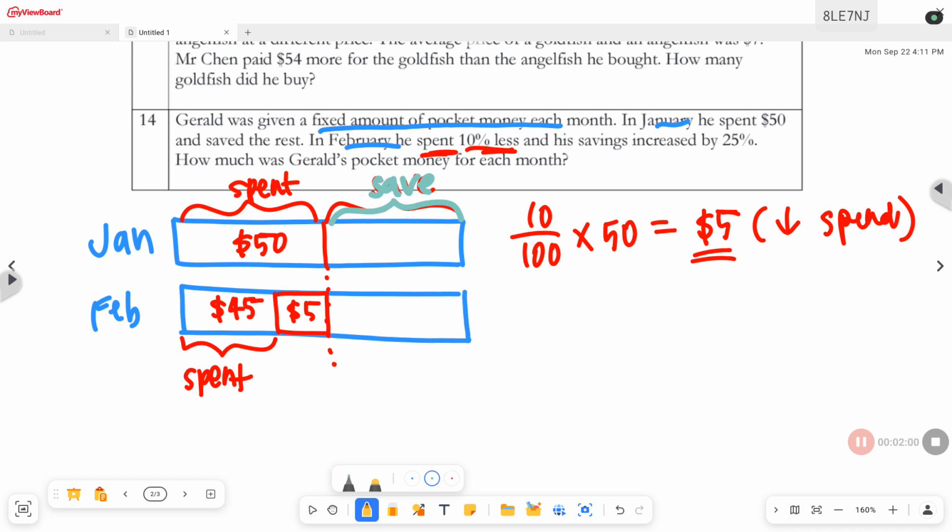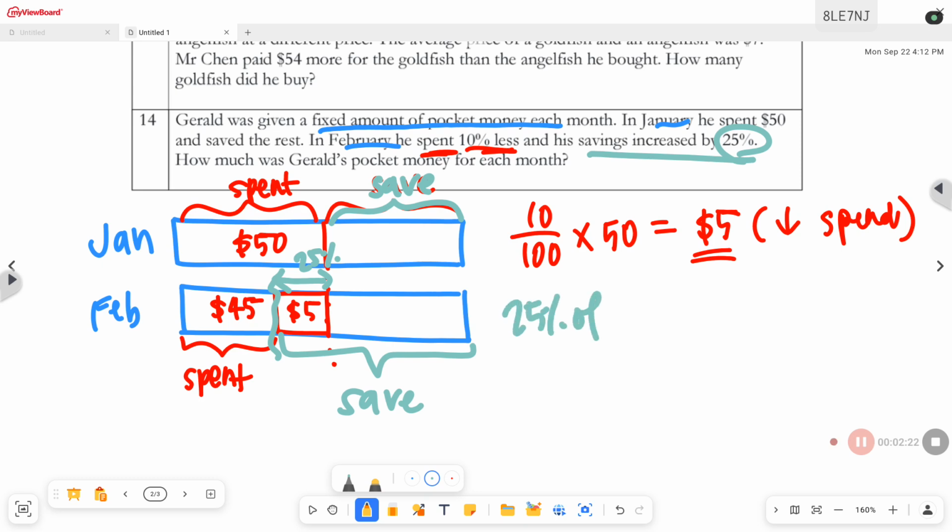So if my spent is only up to here, that means from here to here is my save. And I tell you that my saving increased by 25%. What does that mean? This 25% has nothing to do with your spending; it is a new percentage. They're trying to tell you that from here to here is going to be 25% of my savings. So 25% of my savings is $5, right?